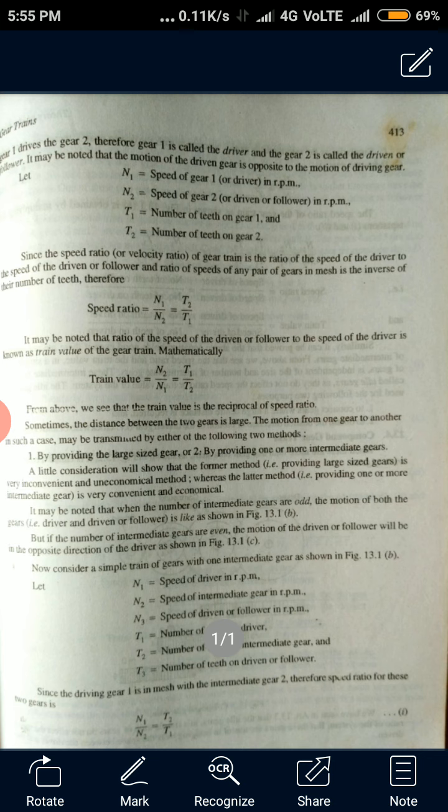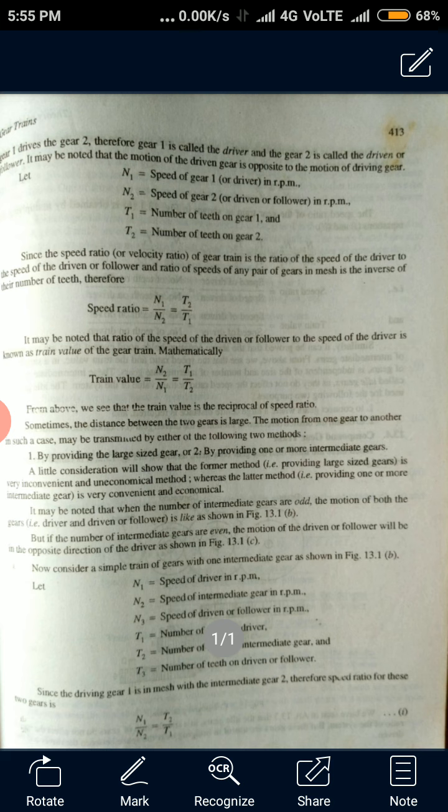So based on sketch A, the speed ratio between gear 1 and gear 2: N1 is the speed of gear 1 or the driver, N2 is the speed of gear 2 or the follower, T1 is the number of teeth on gear 1, T2 is the number of teeth on gear 2. Already we have studied gears and you also know this relation.